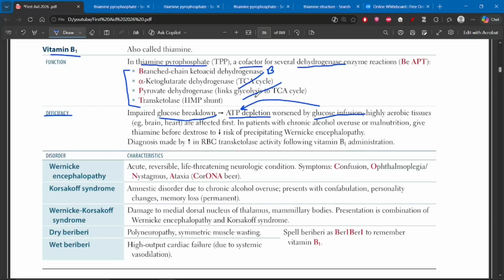However, the TCA cycle is going to be greatly affected. So these enzymes will not be working, and vitamin B1 is not going to function. So ATP production is going to decrease. If your TCA cycle is not working, then obviously you're going to have decreased ATP.